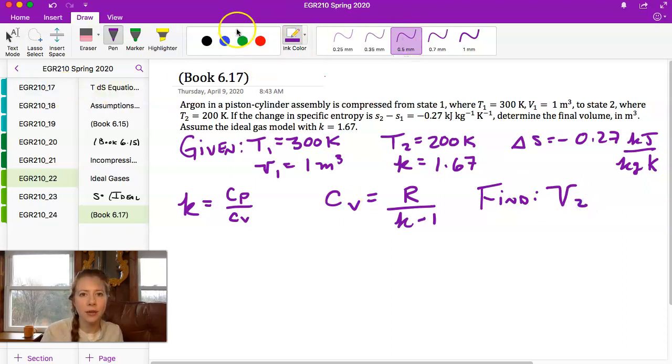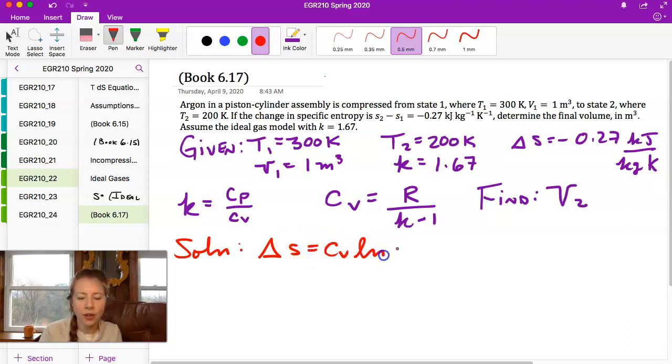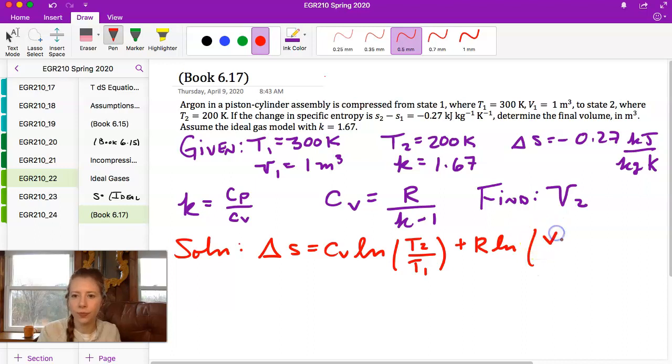So let's begin looking at delta S, our equation for delta S. So delta S is equal to Cv times the natural log of T2 over T1 plus R times the natural log of V2 over V1.